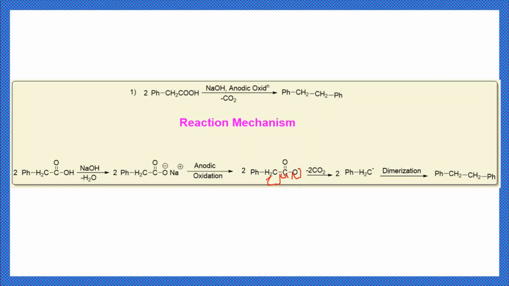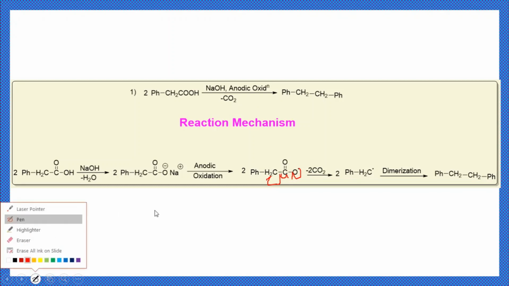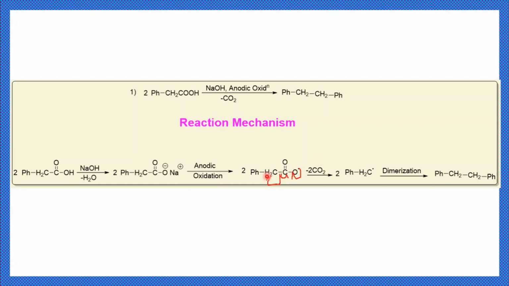Then this C radical reacts with this O radical, forming CO2. After breaking of this C-C bond, it generates a PhCH2 radical.